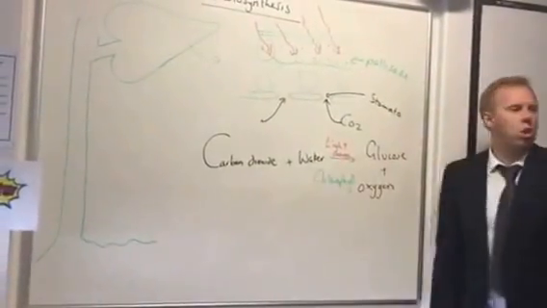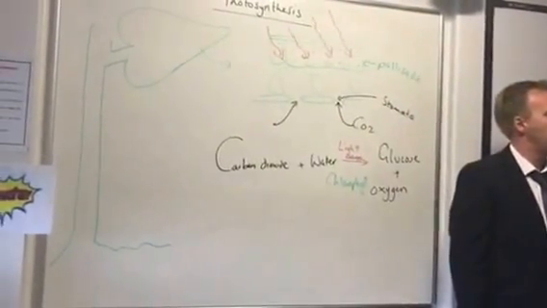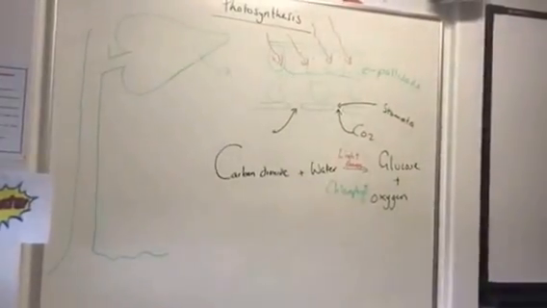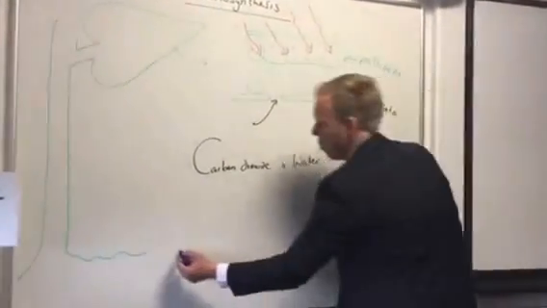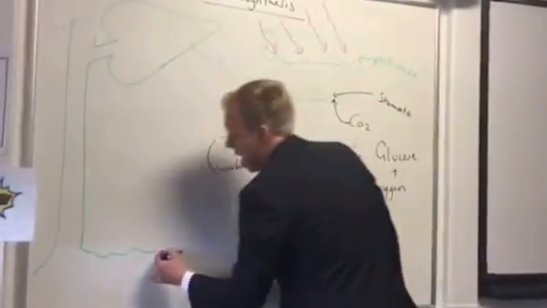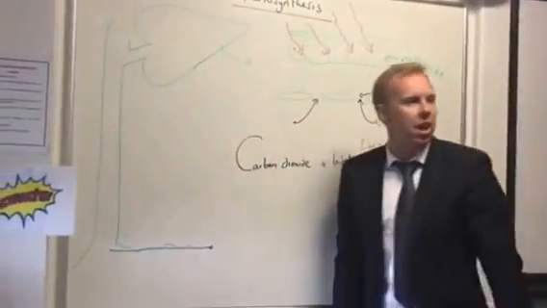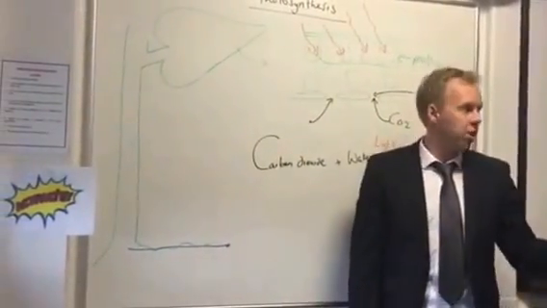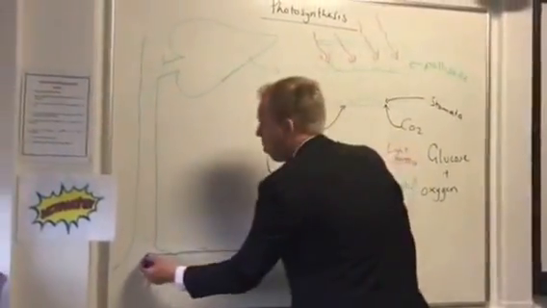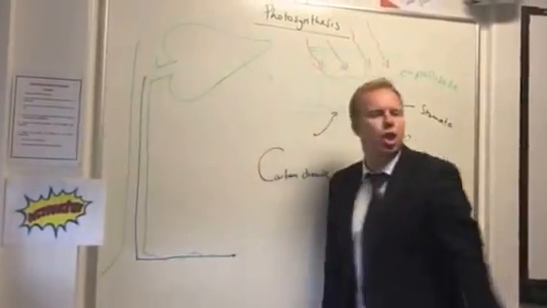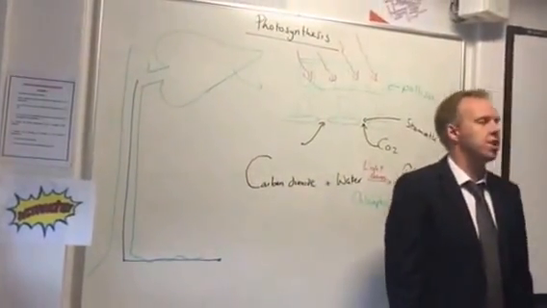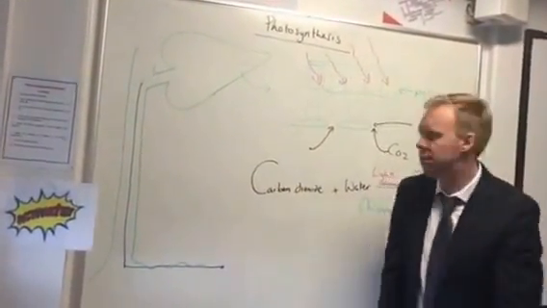Where does the water come from? Excellent, the soil. So I'll take my blue pen. Here is where the water begins, in the root hair cell, which is specialised, up a certain tube. Oh, it's actually a tissue, but good, well done.